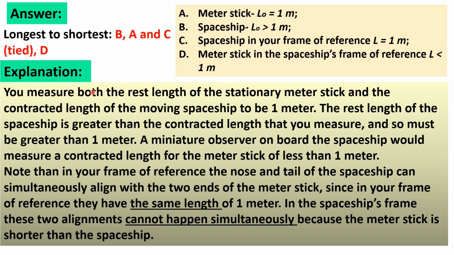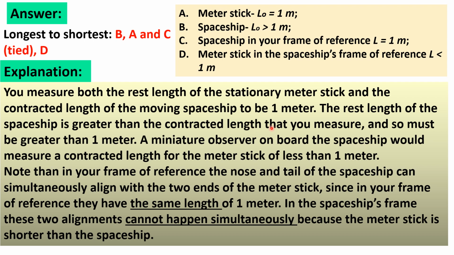So why is our answer, when ranked, B, A and C, and then D? You measure both the rest length of the stationary meter stick and the contracted length of the moving spaceship to be 1 meter. That is in option A: L naught of the meter stick is 1 meter, and the spaceship in your frame of reference is measured to be also equal to 1 meter.